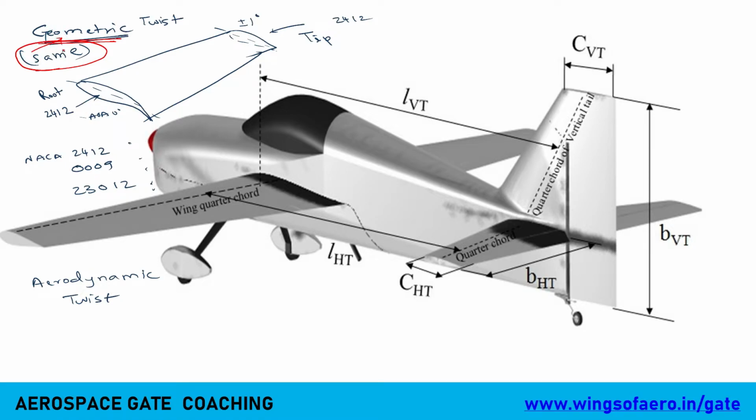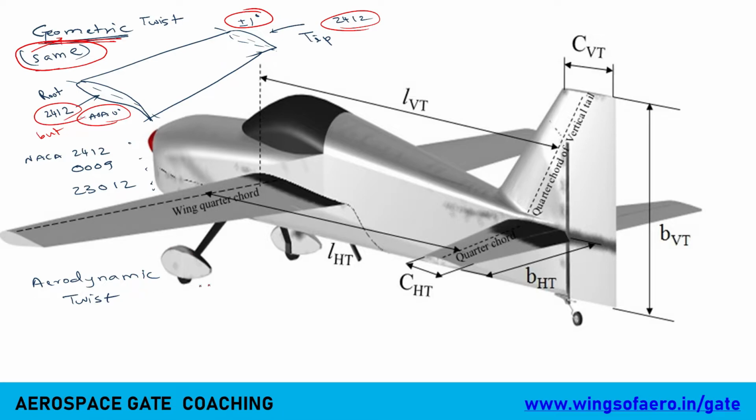Now both in the root and the tip section we are using the same airfoil configuration, but the angle of incidence or angle of attack is going to be different. For example, here we have 0 degree, here it can be plus or minus 1 degree. So this defines the geometric twist.